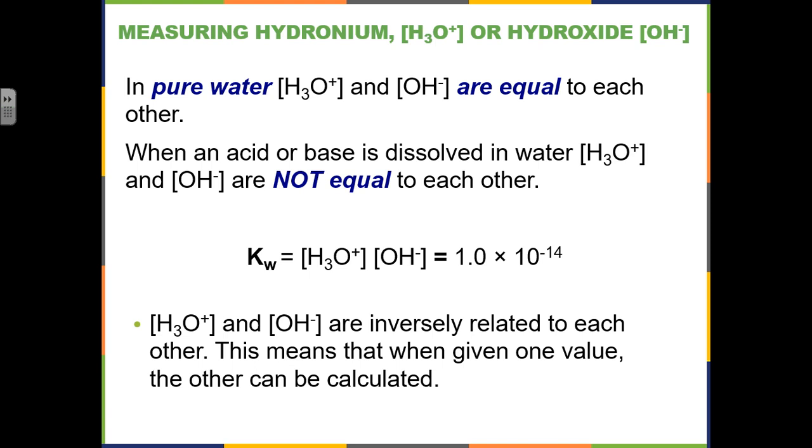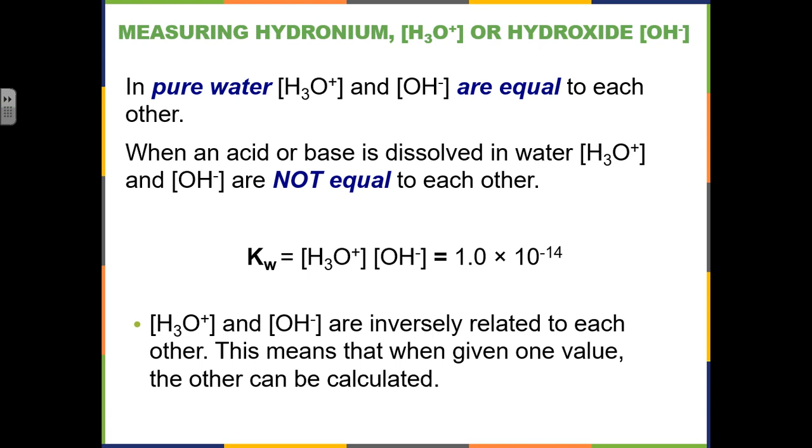So this disrupts that balance. And it turns out that there is a specific constant associated with this value, so that if you have the concentration of your hydronium, you can mathematically deduce the hydroxide concentration, and if you have your hydroxide concentration, you can mathematically deduce your hydronium concentration.